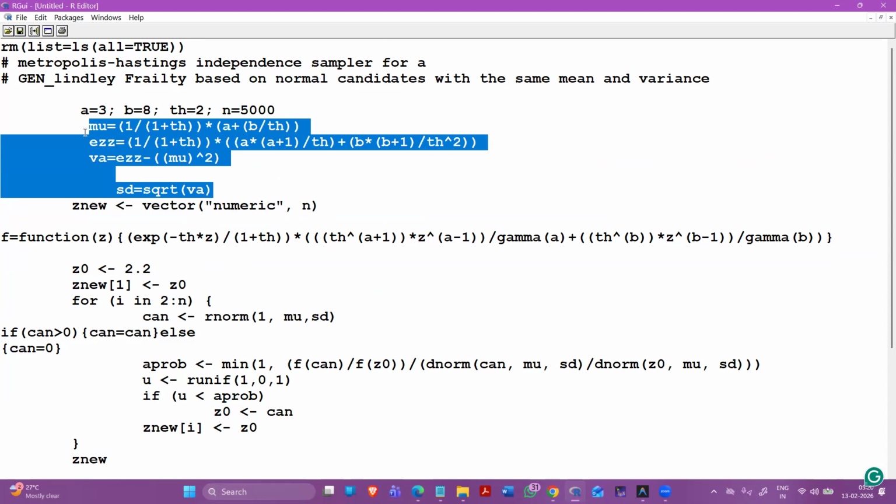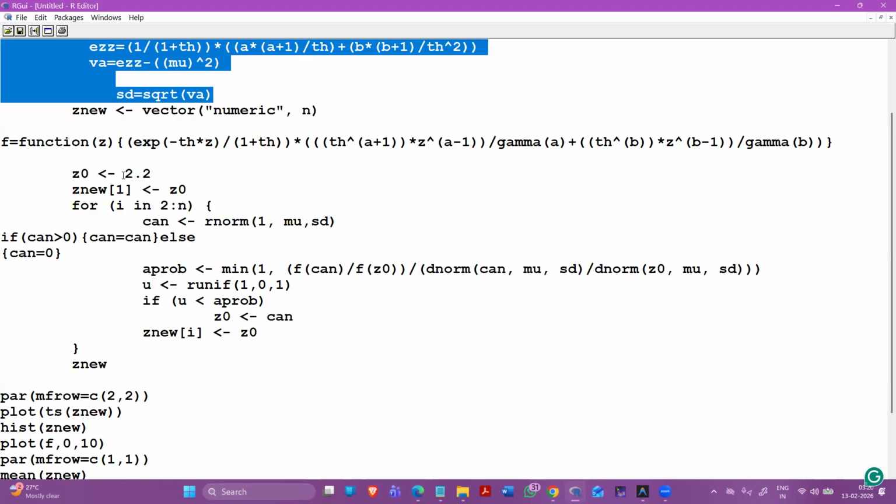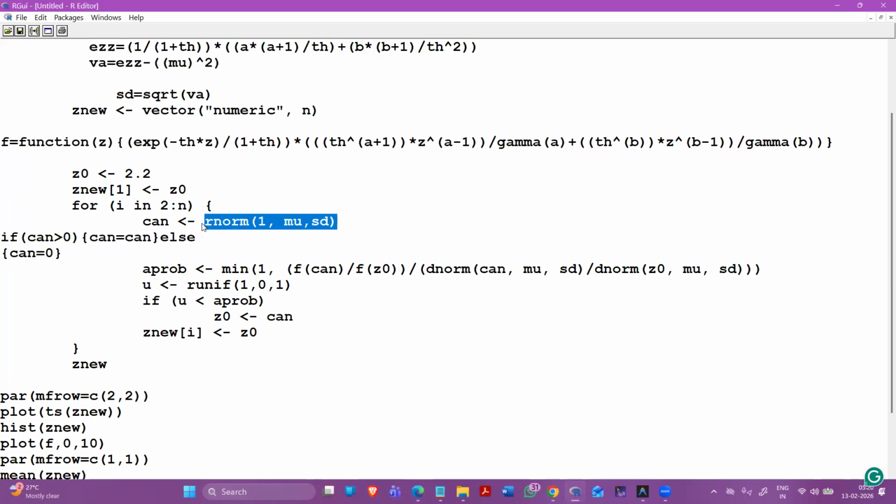But the Lindley distribution is a lifetime distribution, meaning x is defined over the range 0 to infinity, so I cannot consider negative values here.